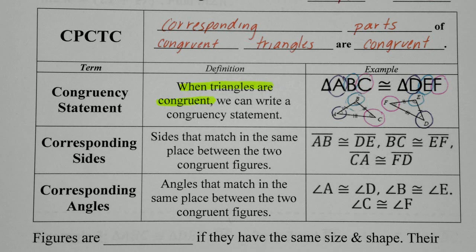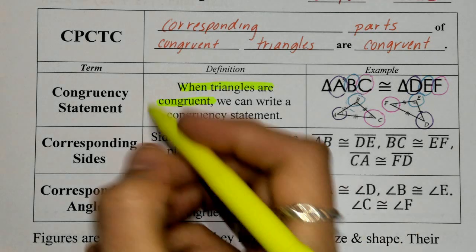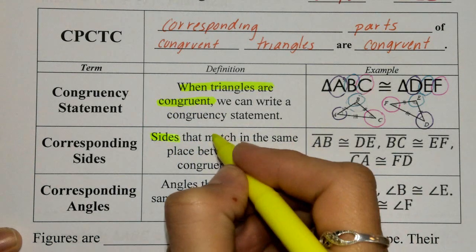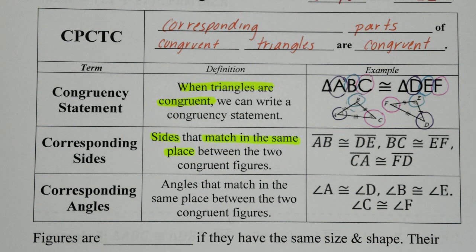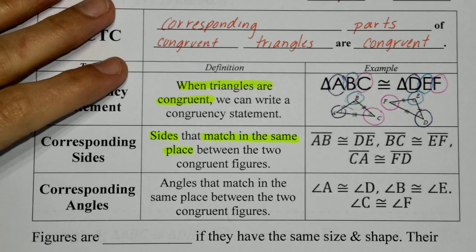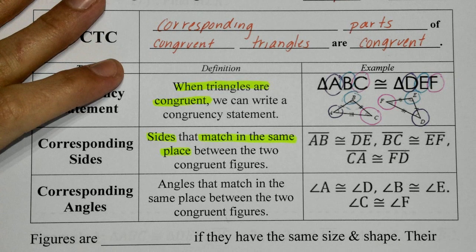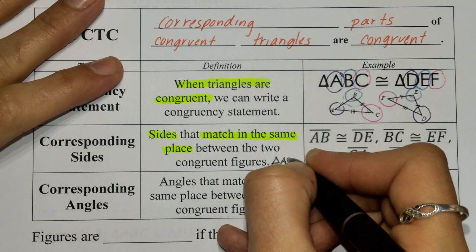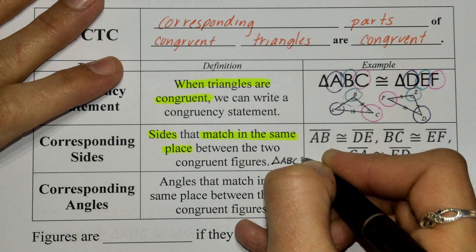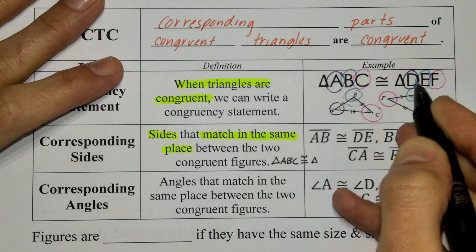So we talk about your corresponding sides. I kind of already gave you the angles part of it, which we'll talk about again in a second. But here, our corresponding sides are going to be sides that match in the same place. Okay? So I'm going to rewrite the name. Here, I'm going to squeeze in triangle ABC is congruent to triangle DEF.